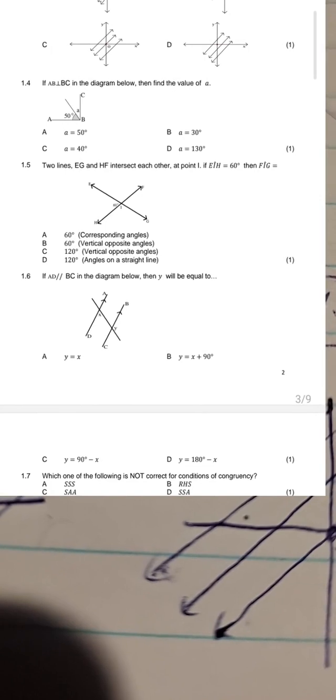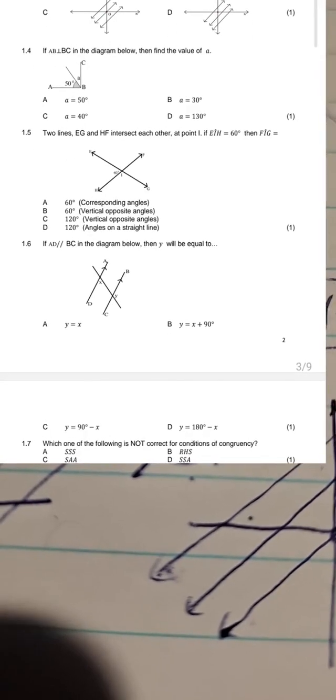That's the first question. B, will Y be equal to X plus 90? C, will Y be equal to 90 minus X? Or D, is Y equal to 180 minus X? Right. So that is the question that they are asking there.